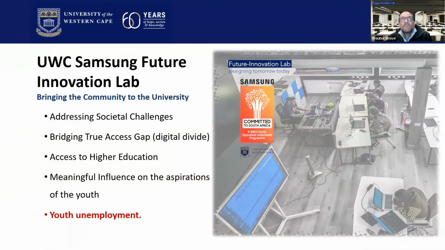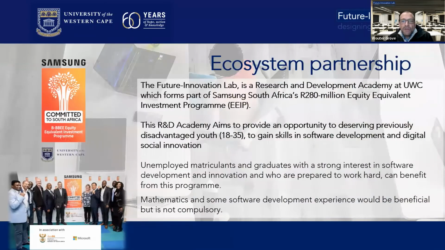So what the Samsung Future Innovation Lab is basically doing is addressing societal challenges. We're trying to create bridges to close access gaps and really influence the aspirations of the youth, but at the end of the day, impact youth unemployment. This is a deep ecosystem partnership. It's part of a 10-year project that forms part of Samsung's equity equivalent investment program.